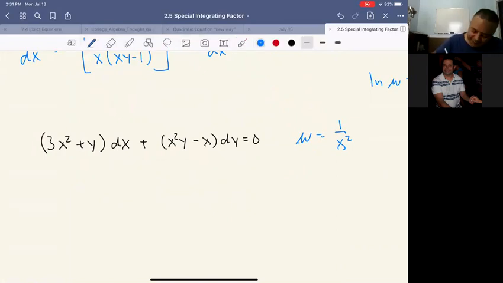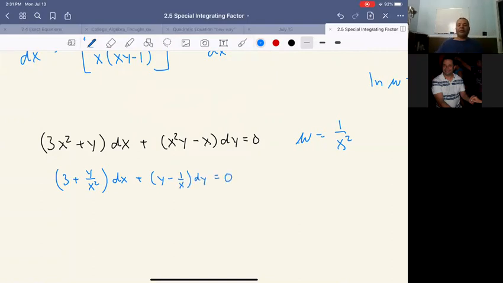We get (3 plus y over x squared) dx plus (y minus 1 over x) dy equals 0. And now we can integrate both sides.